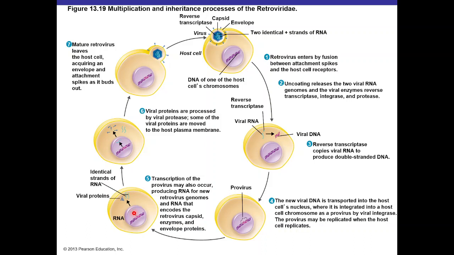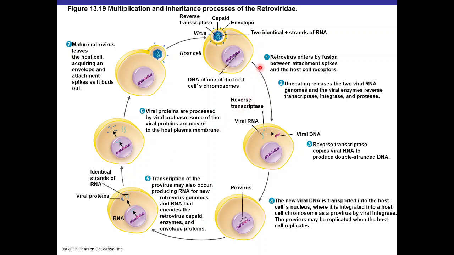Regularly we make RNA copies out of DNA, but in reverse transcription we will make a copy of DNA out of RNA. So we have viruses like the HIV virus that has an enzyme called reverse transcriptase that allows them to make a copy of DNA out of an RNA virus.